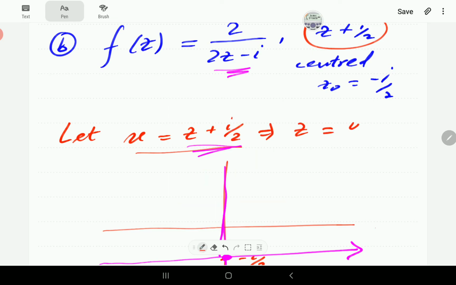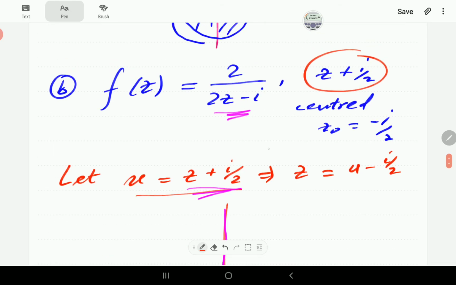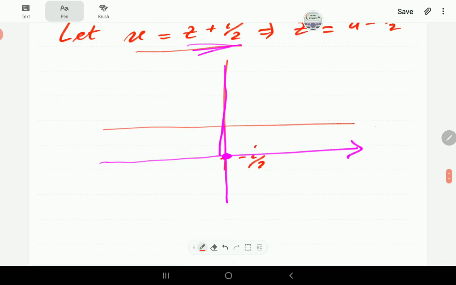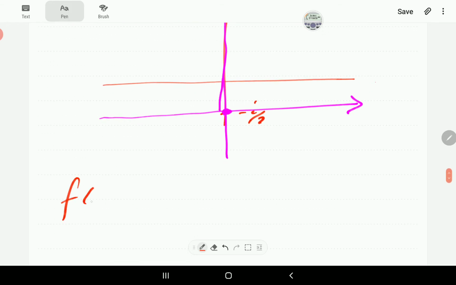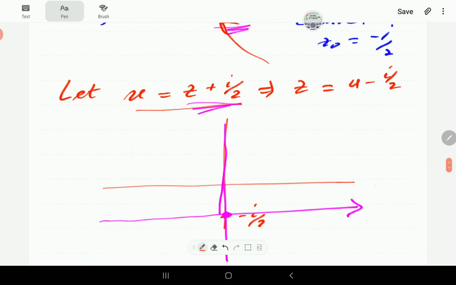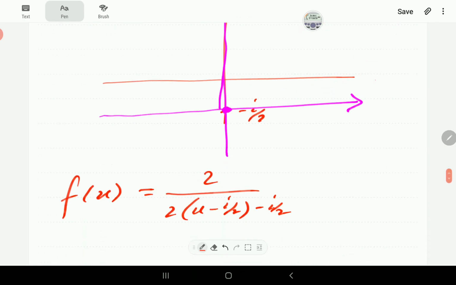So from here, z is equal to u minus i/2. When we take this and plug it in here, f of u is going to be 2 over 2 times (u minus i/2) minus i.